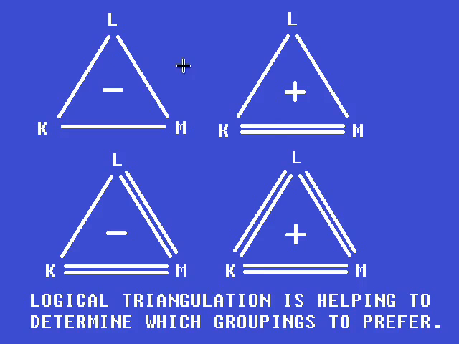I mean, if you like, I can just very quickly go through that. If you say that K is coffee, right, and L is sugar, and M is tea, then coffee is drunk with sugar, coffee is like tea, and tea is drunk with sugar.